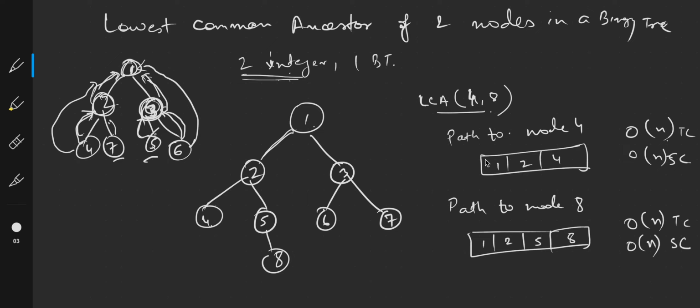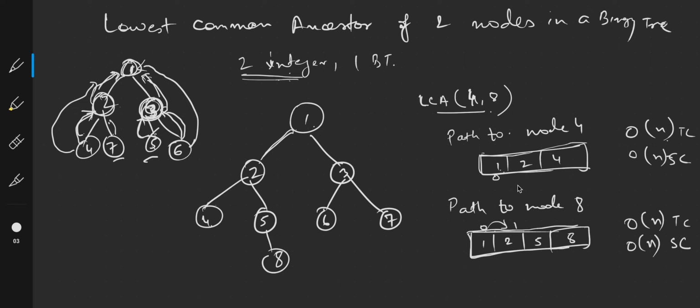Then after that, what we can do is iterate through or traverse through these two vectors until we find a different node. So first we will see what is there at the zeroth index. At zeroth index we have 1, which is the same in both the vectors. So we'll move forward.